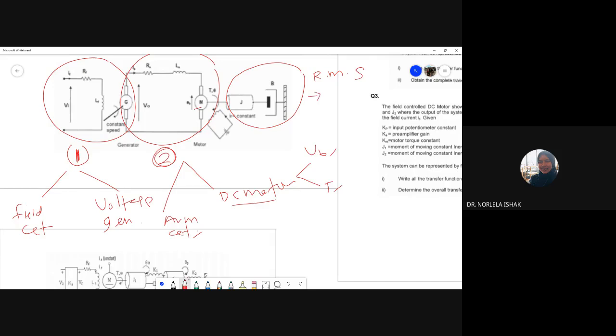So how many equations can you derive from this electromechanical system? 6. 1, 2, 3, 4, 5, 6. Yes, good. We have 6 equations and supposedly 6 functional block diagrams. From these you obtain your overall block diagram to represent the electromechanical system.